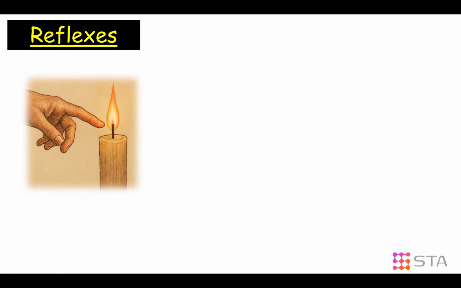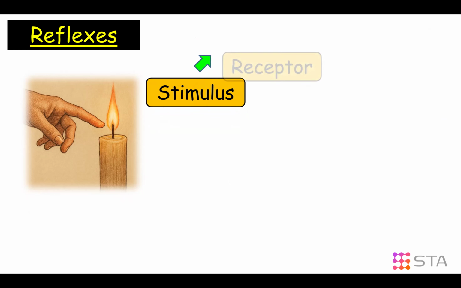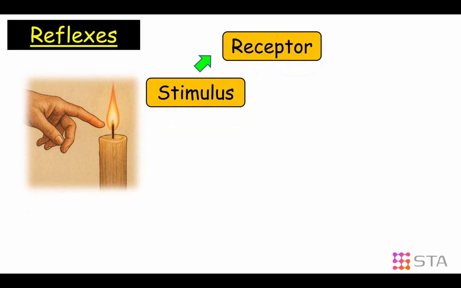We'll have a look at that later. So you've touched a hot candle. And so, first of all, you've got your stimulus, which is a hot temperature. That's picked up by a receptor in the skin.